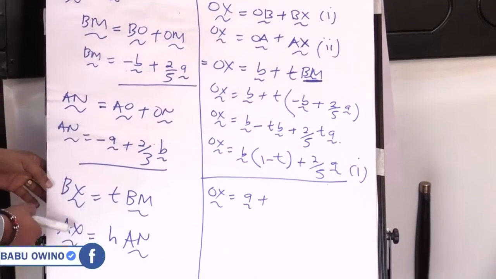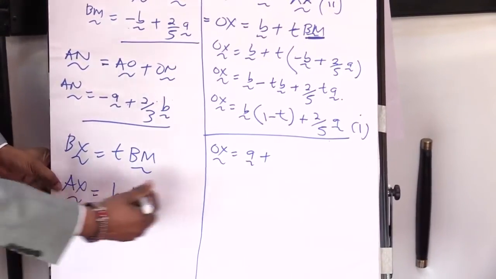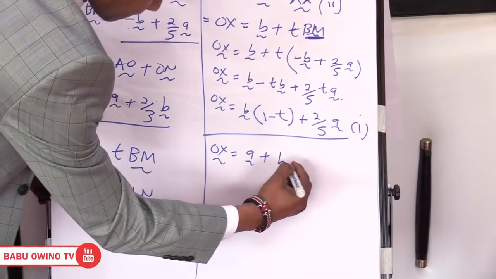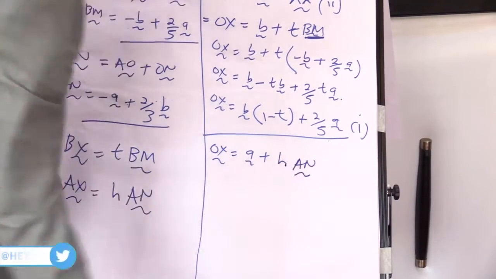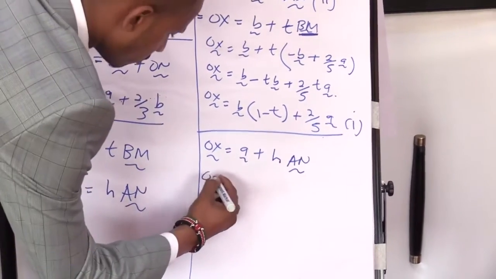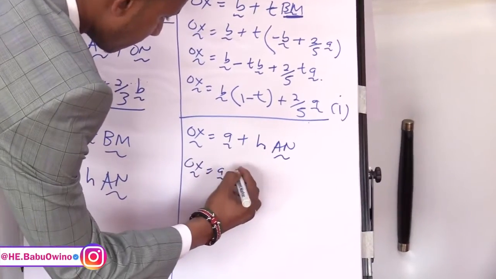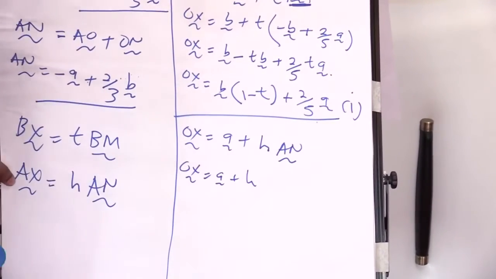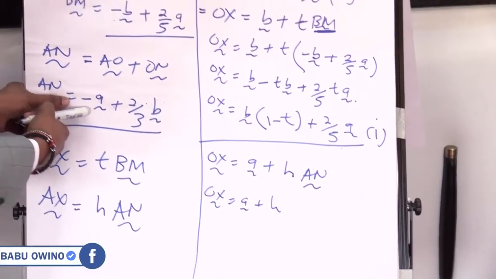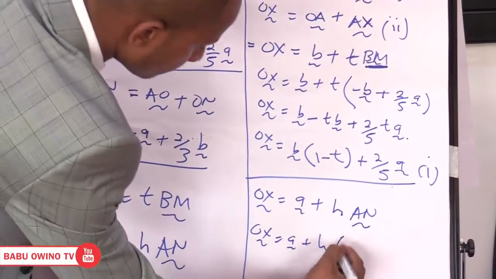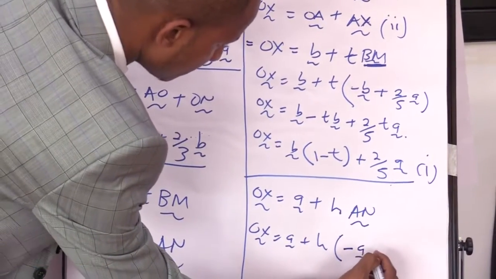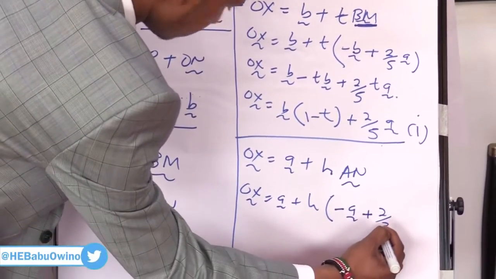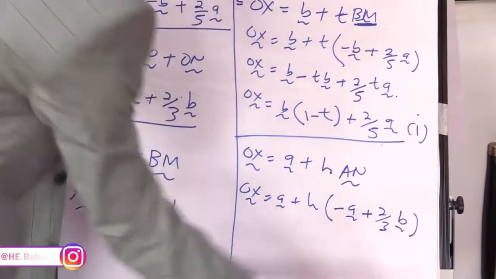AX is given here as H of AN. So OX equals A plus H of AN. What is AN? AN is here, you already solved it up here, which is minus A plus 2 over 3 of B.